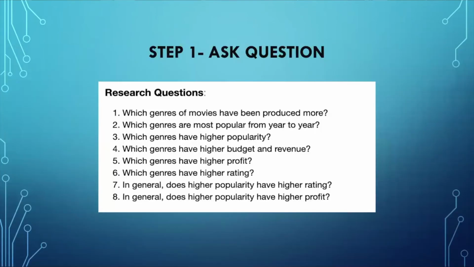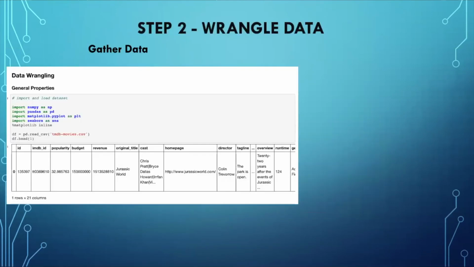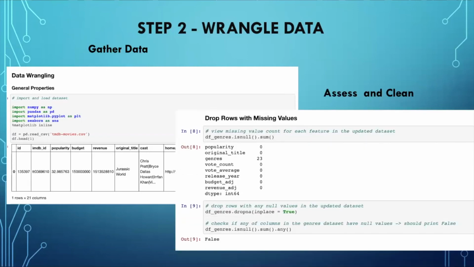Once you have the questions ready, you will need to wrangle your data to answer them. First, gather the data. If you are already given the data, then it's very easy. All you need to do is import it into your workspace. In this case, I imported it in the Jupyter notebook. Second, assess the data to identify any problems, such as data quality and structure.